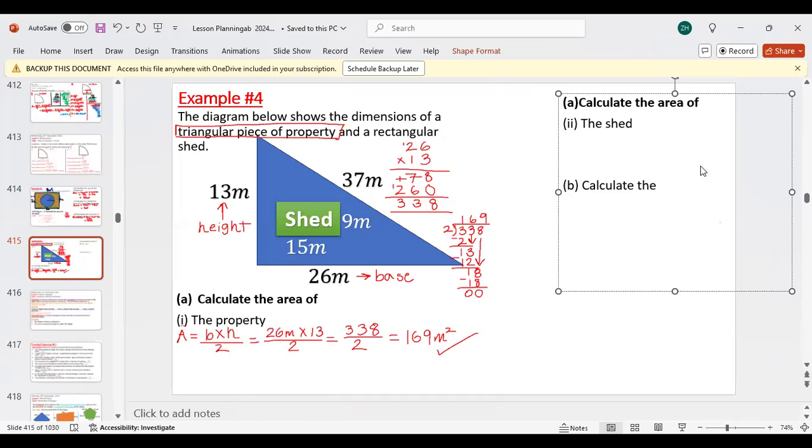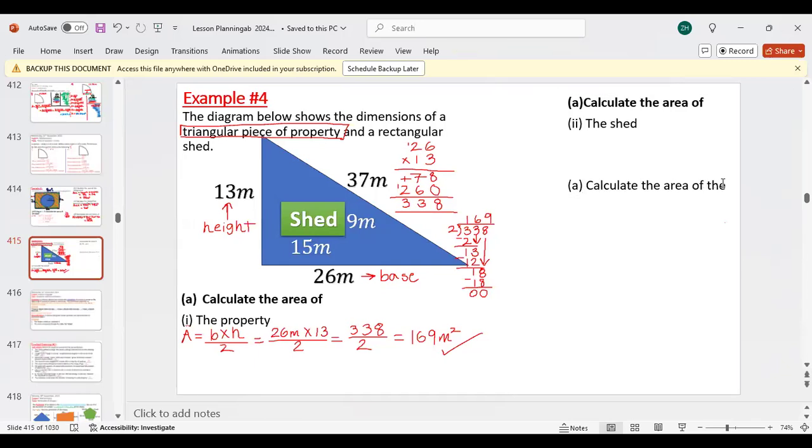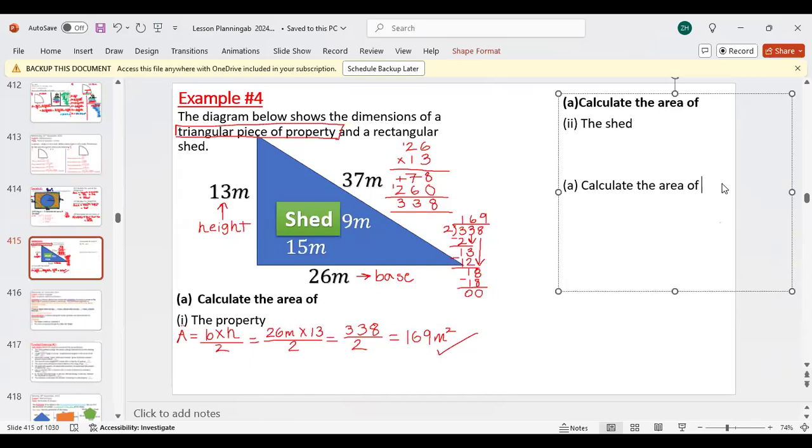Calculate the area of the property around the shed. Okay.